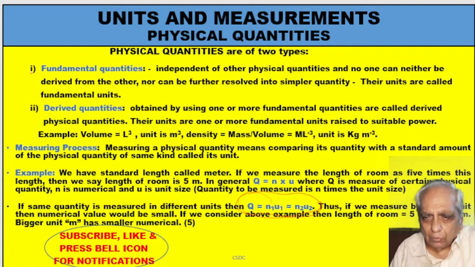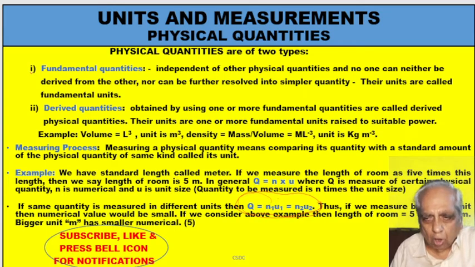So now we will try to understand how to measure things. Like if I tell you to measure the length of this room, you will bring a meter scale and you will say that it is 5 meters, because it is 5 times the meter scale. So we compare the number of times with the unit.